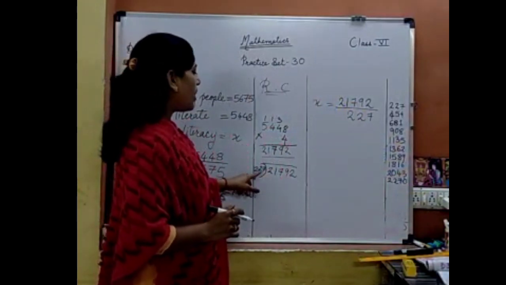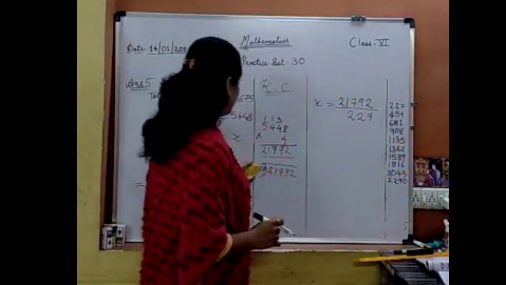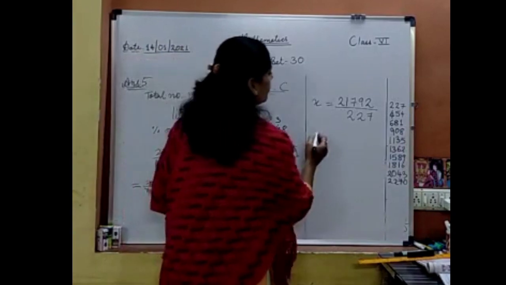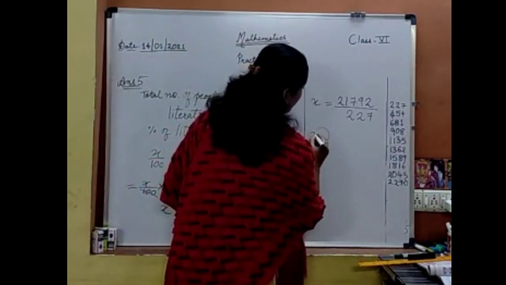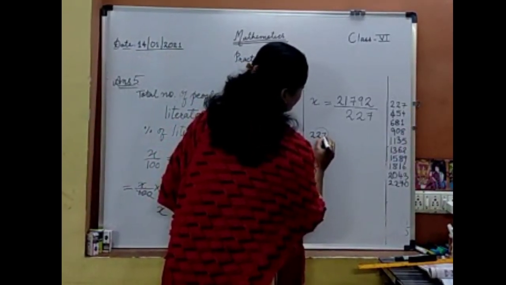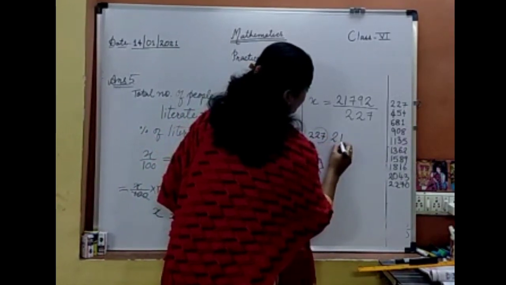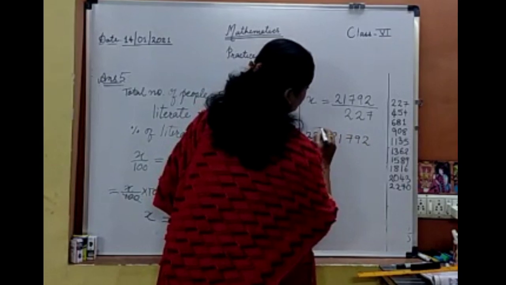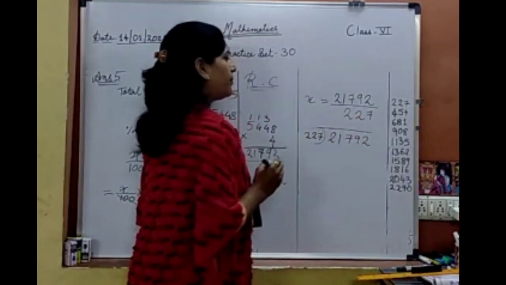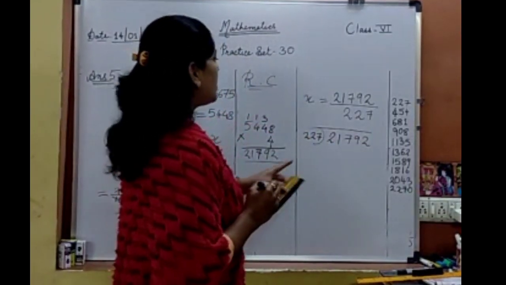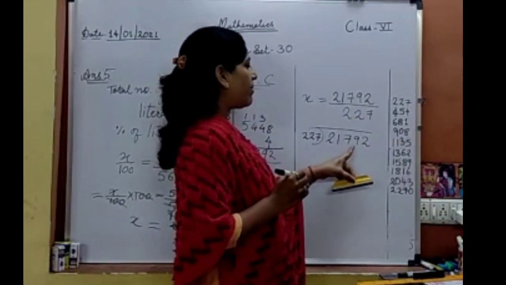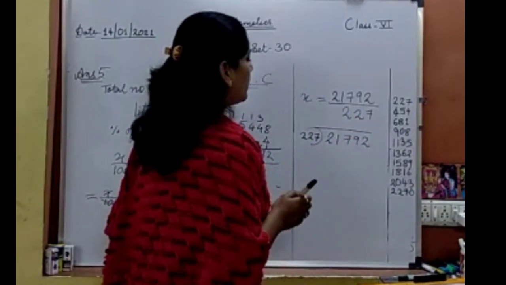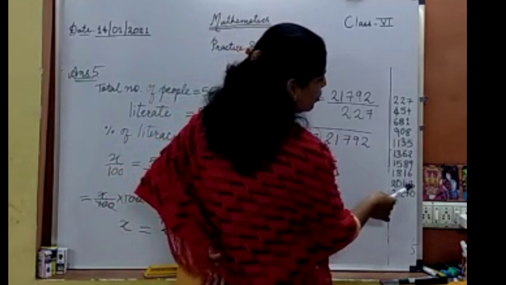So 227 we'll write here so that you can see, 227 and the number is 21,792. Okay. So the first number is 2179. So we'll take it as 2043.